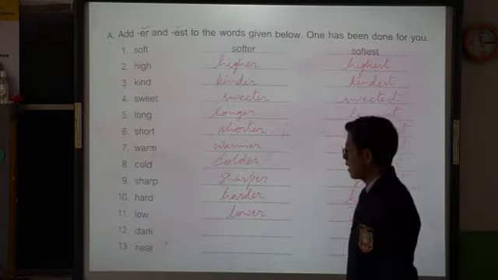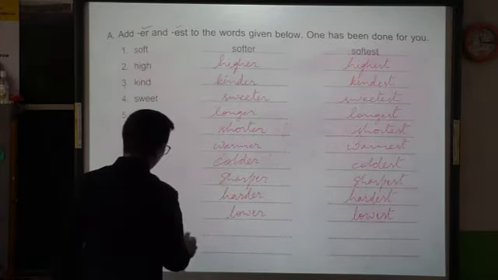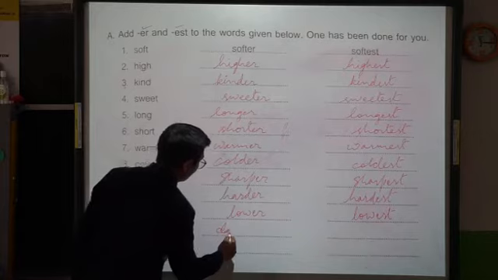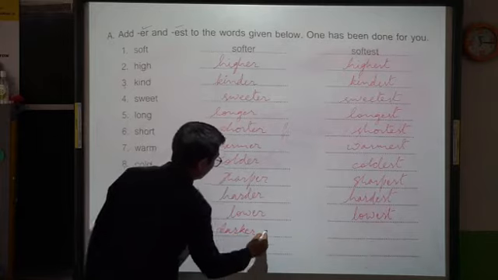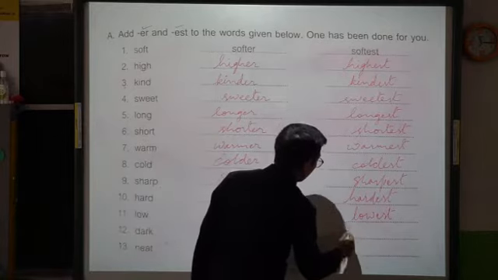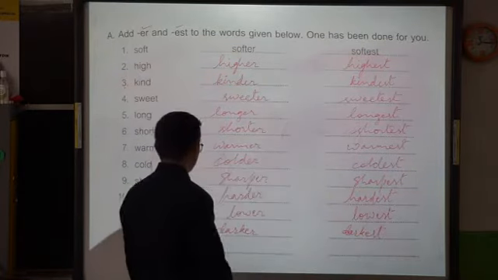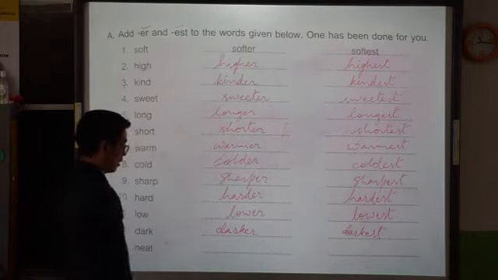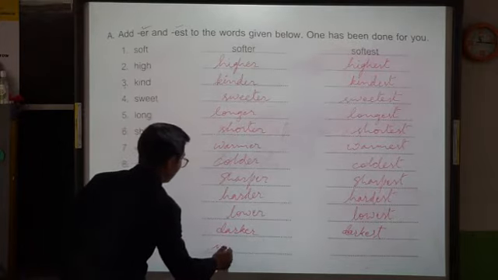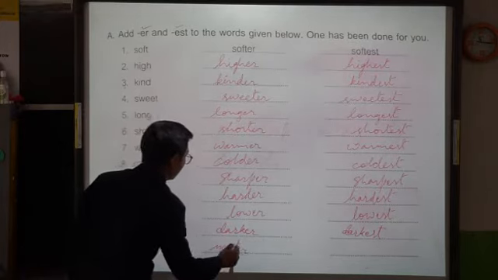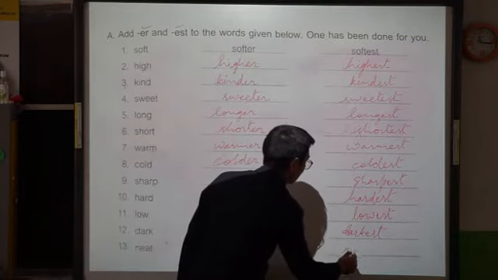Next, dark, darker, and then darkest. The last one, neat, add ER, neater, neatest.